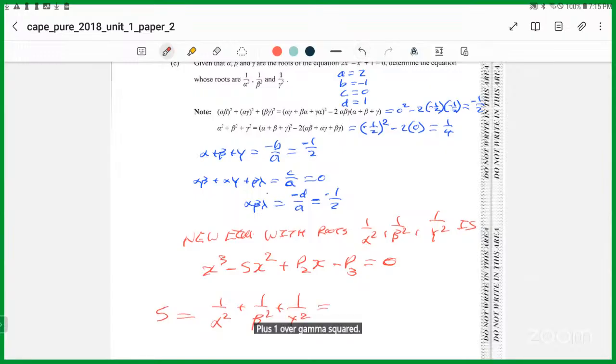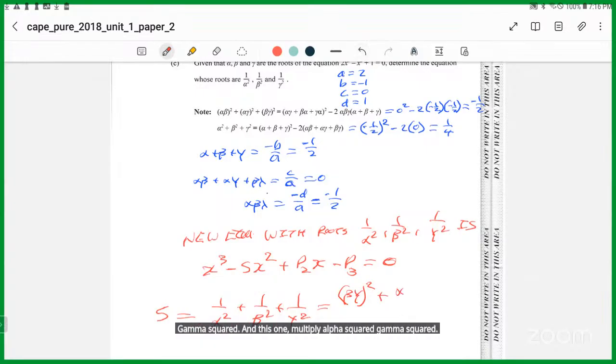You put this as one single fraction. You multiply this one by beta squared gamma squared over beta squared gamma squared. So it becomes pairwise product squared. So this one we're going to have beta gamma squared plus, and this one multiplied by alpha squared gamma squared.